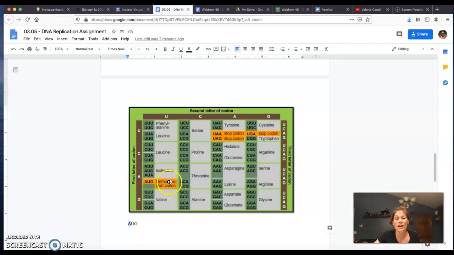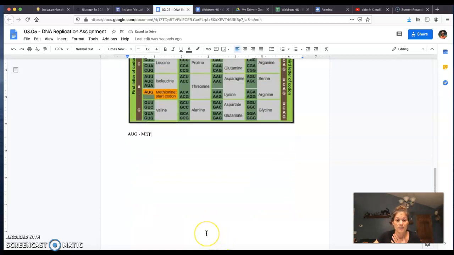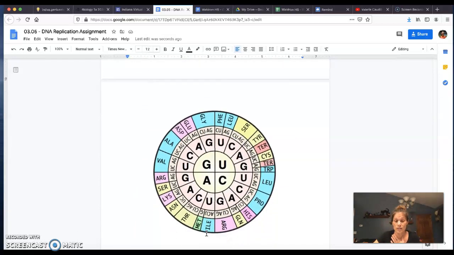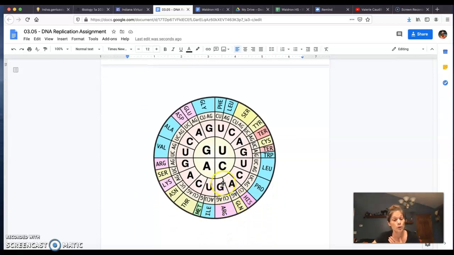AUG stands for methionine, which is our start codon. We can abbreviate these by their first 3 letters. Now I'm also going to show you this chart here. A lot of students really like the circle chart instead of the square chart. What you do is you start in the center and find your first letter.